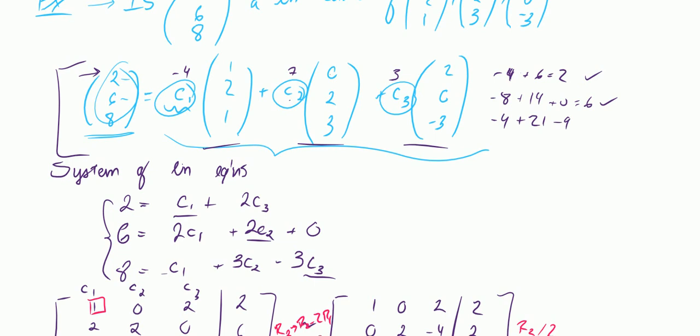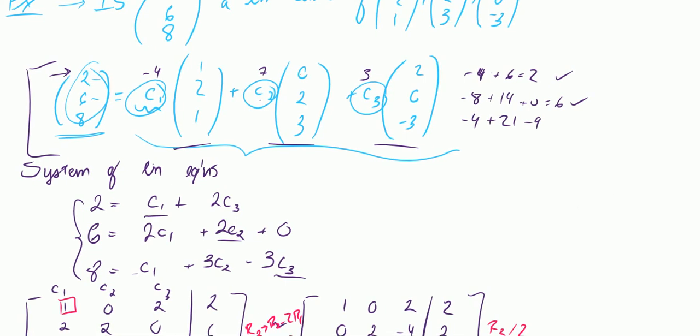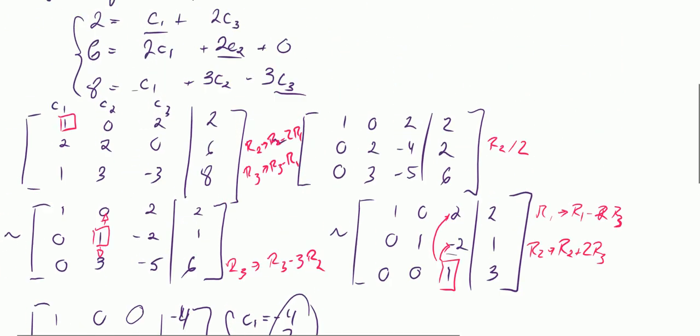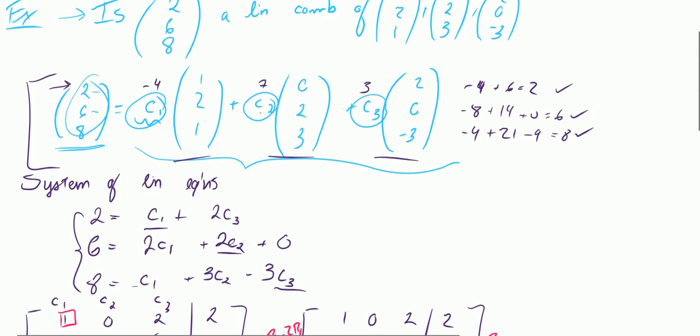So that'll give me minus 13 plus 21. So that's 8. So it's good. So that means that the solution I got here was right, and that means I can write my vector 2, 6, 8 as a linear combination of the vectors 1, 2, 1, 0, 2, 3, and 2, 0, minus 3, because I can get a solution.